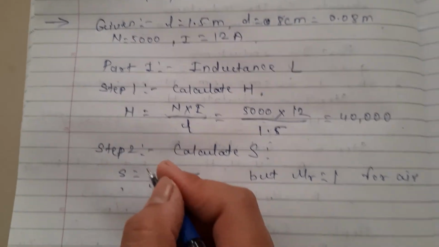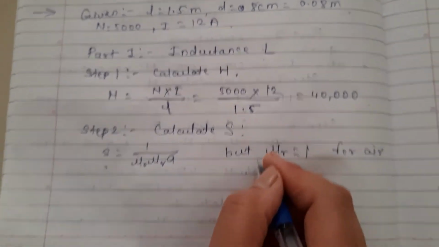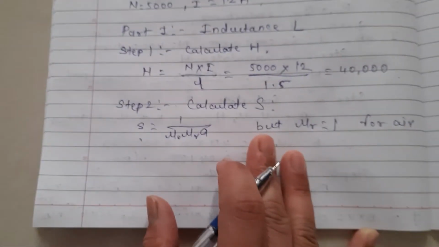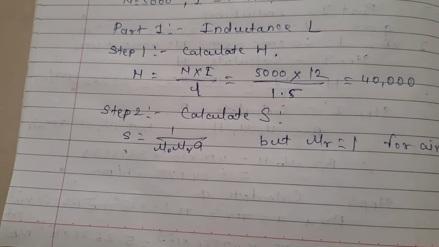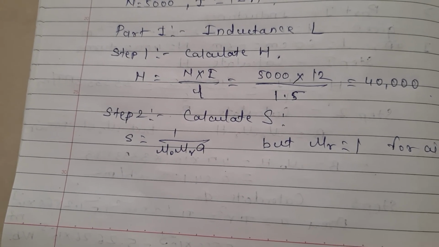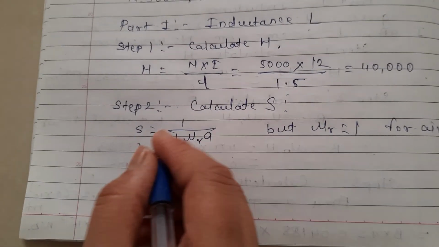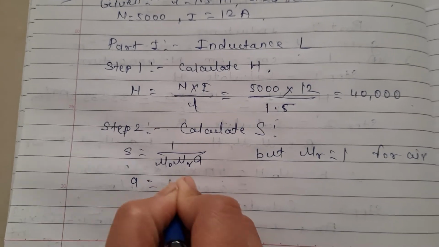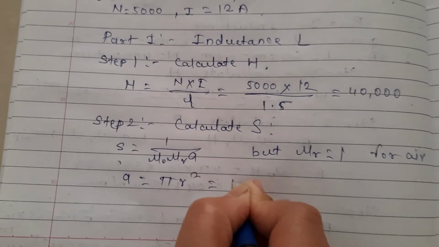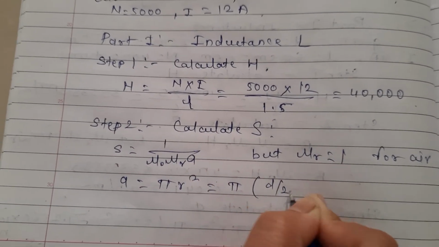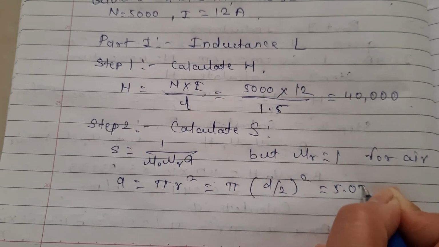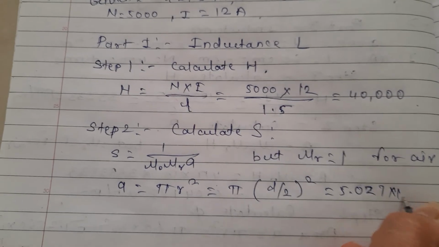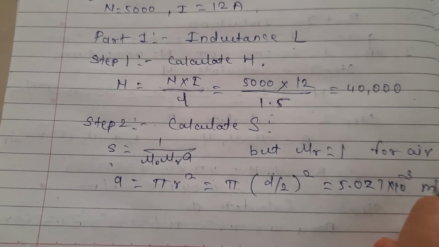What is area? It is pi r square. So pi into r is d by 2 square. So its value is 5.027 into 10 raised to minus 3 meter square.